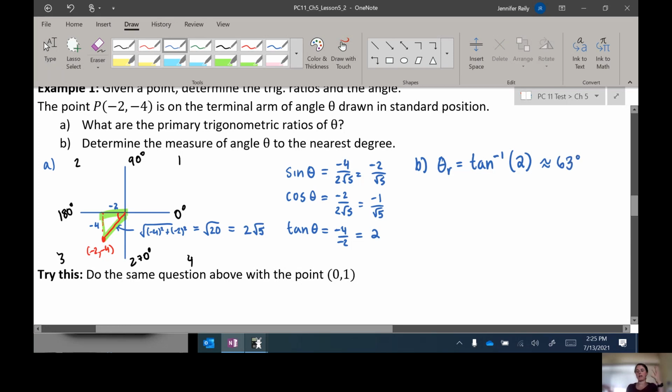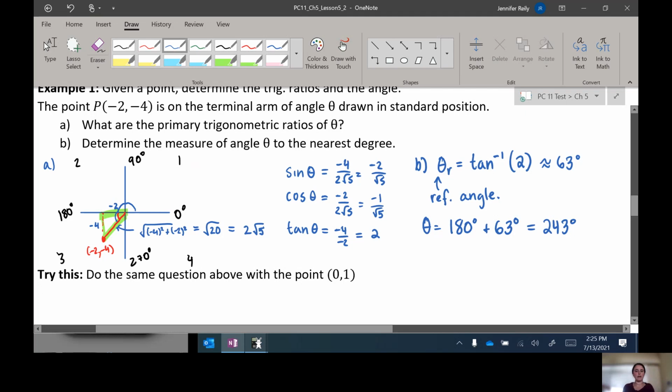I use squiggly lines because I've rounded this off. That was the reference angle only. The actual angle theta would be 180 plus the reference angle. It would be all of this plus that extra piece. So 180 degrees plus 63 is 243.